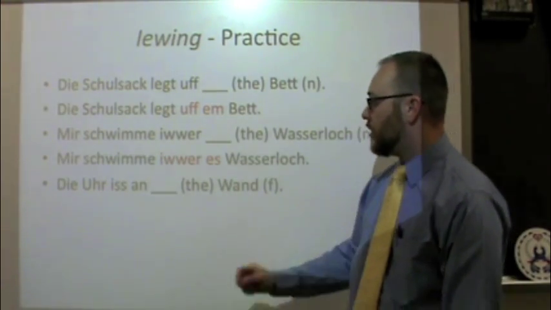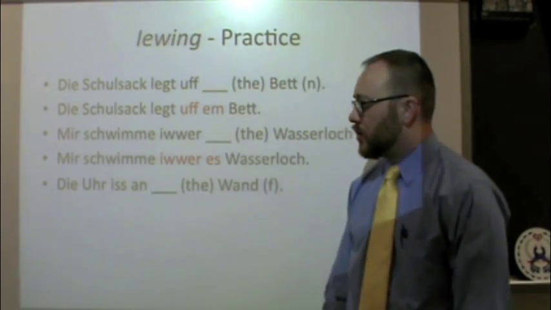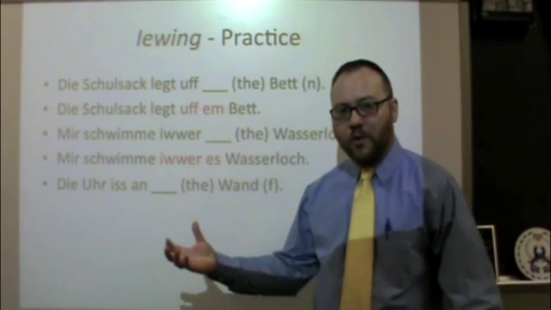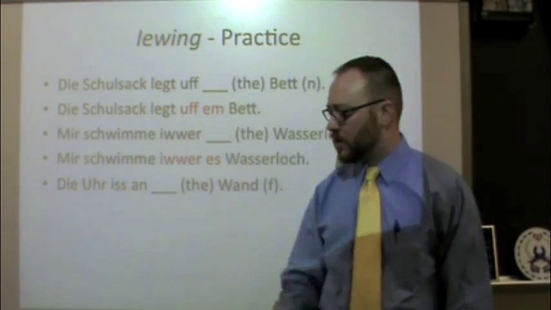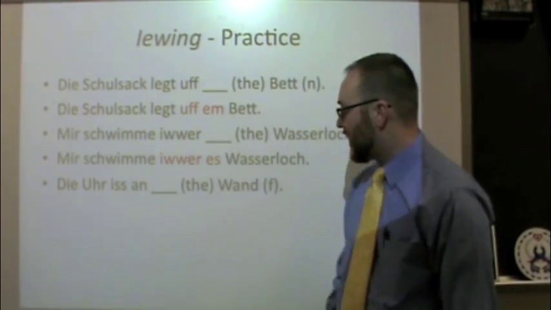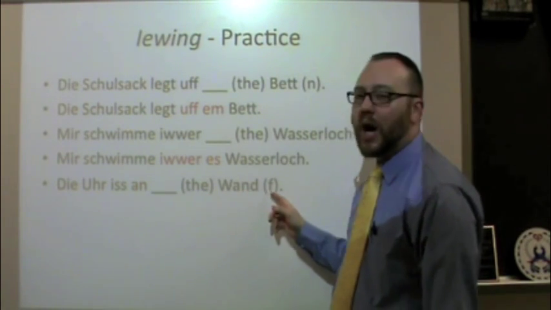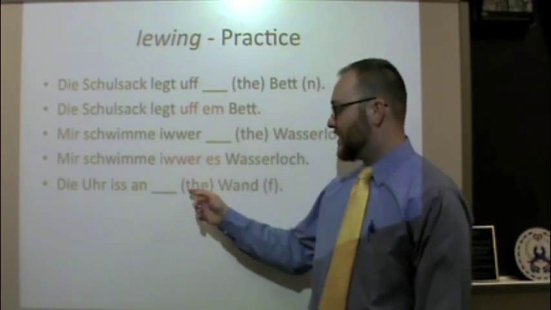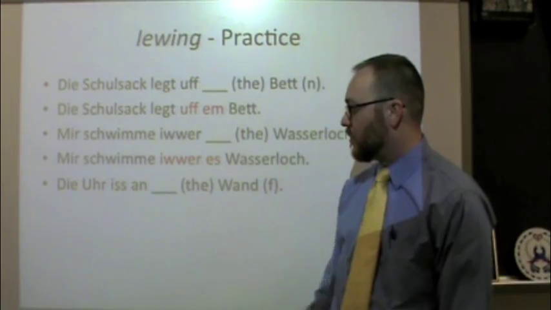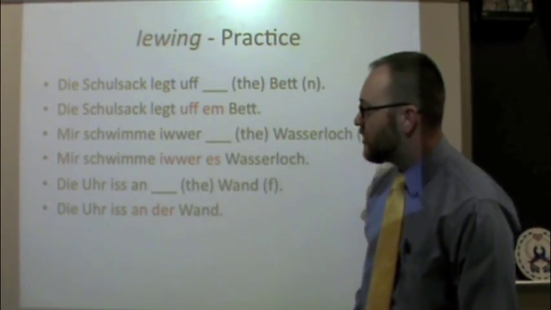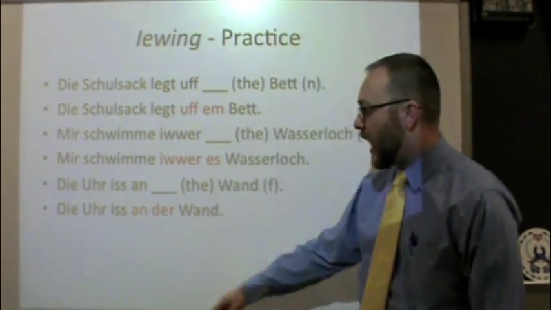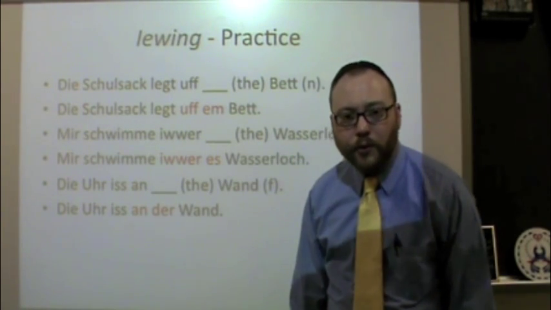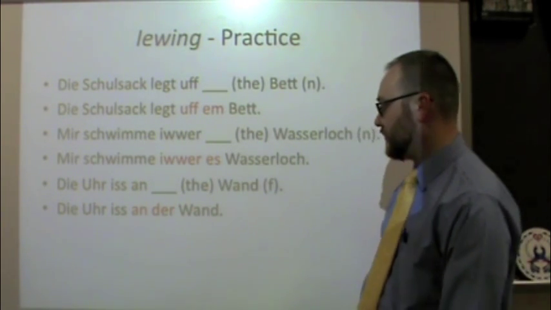Now, motion or no motion? The clock is on the wall. There's no motion there, it's on the wall. So dative. Second question, gender. Well, I'm telling you that Wand is feminine. So, what is the dative feminine form of the? You check your chart and you get die Uhr ist an der Wand.